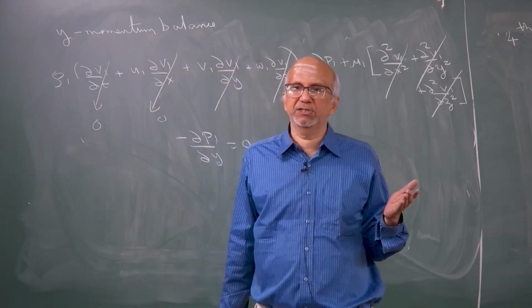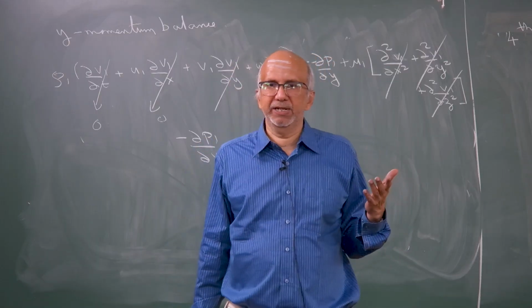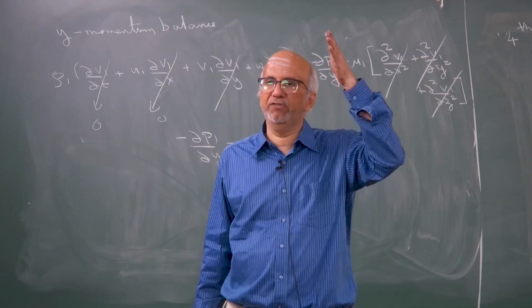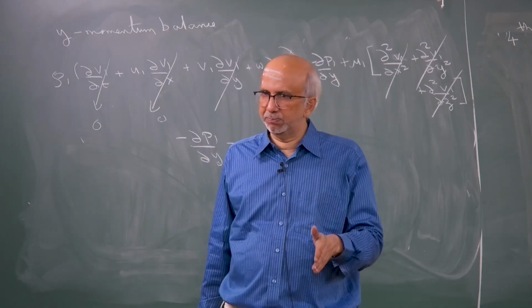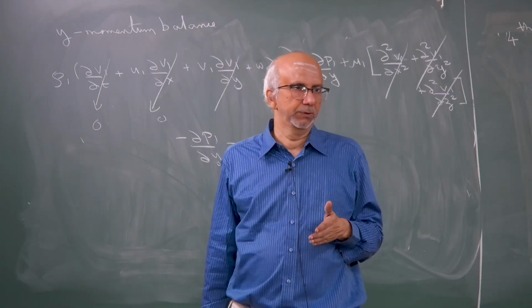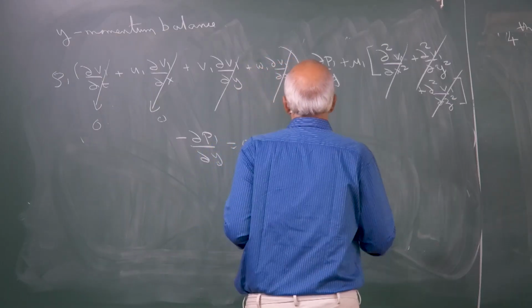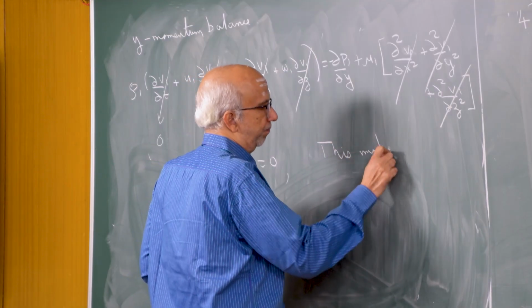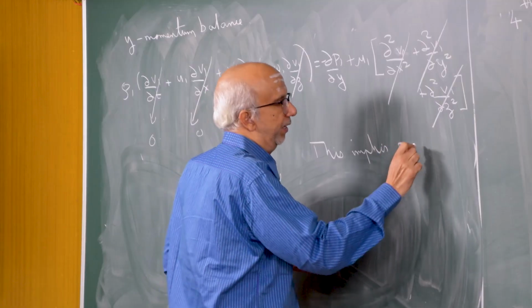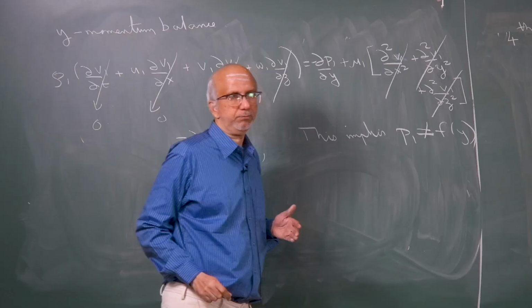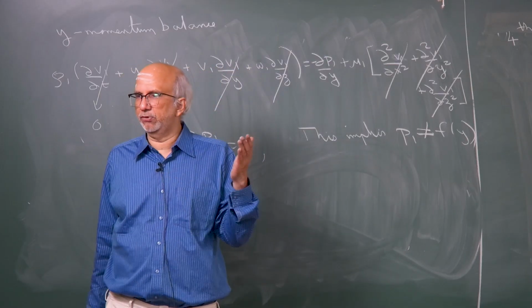Pressure, what does this mean? Pressure is not a function of y. Pressure does not vary in the direction which is perpendicular to the flow. Pressure is uniform everywhere. This implies pressure P1 is not a function of y, it is a function only of x.